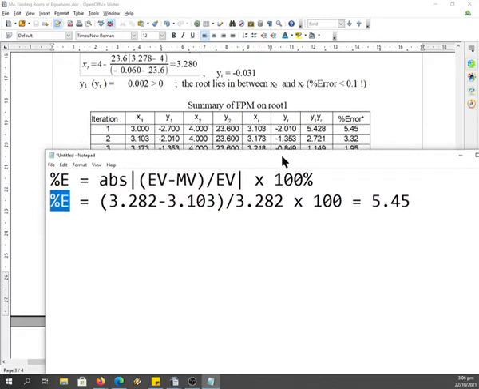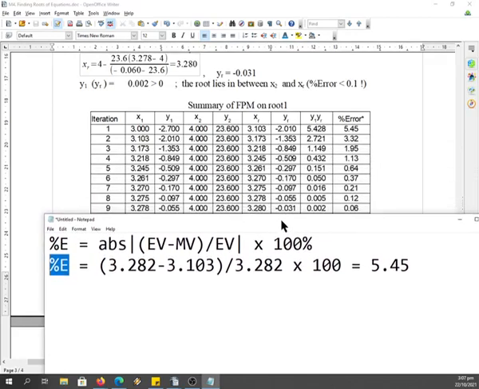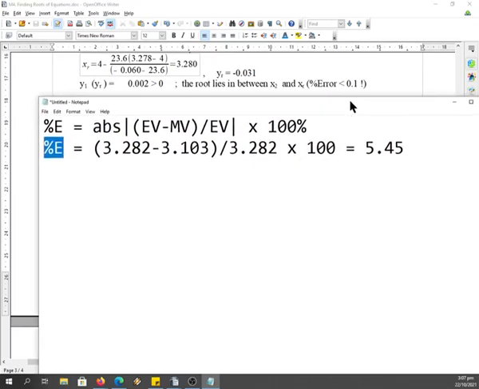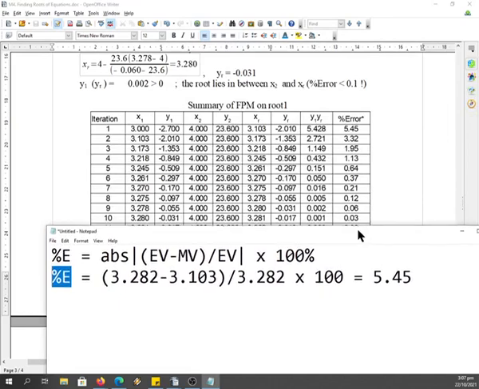Then iteration 2, 3.32. Then down to the ninth iteration, which is 0.06. This is already less than the 0.1 tolerance. The percent error is now less than 0.1.